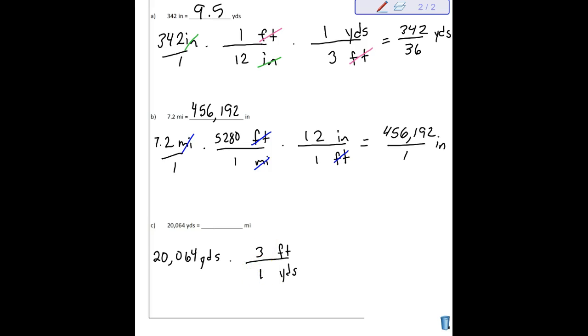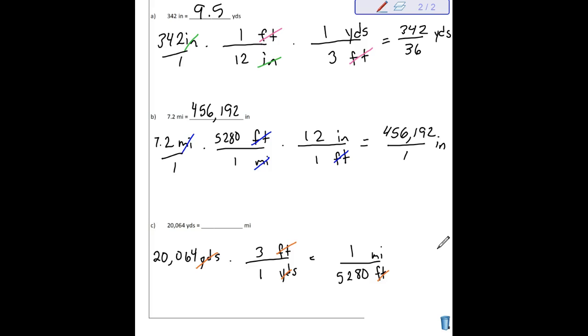So 3 feet in 1 yard. And then we can say, okay, how many feet are there in a mile? Do you remember? 5,280. So then our yards will cancel, our feet will cancel, 1 in top, 1 in bottom.